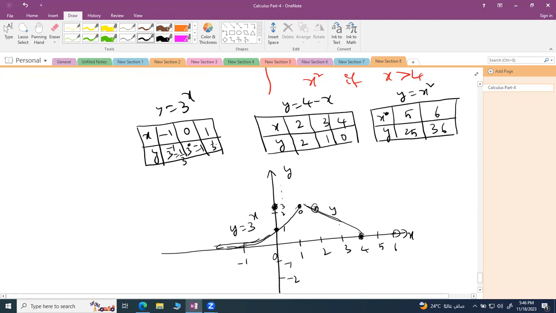Here the third function f of x equal to x square. If the value is more than this one, actually it is 16 somewhere here, and it is going up like this. Five means 25.